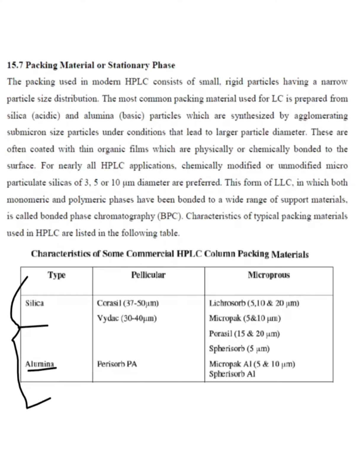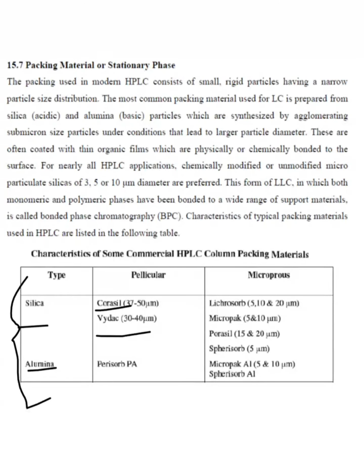In silica, there are different packing materials such as Corasil, which has a particle size of 37 to 50 micrometers, and Vydac, which has 30 to 40 micrometers. Pellicular is a porous outer shell on an impermeable particle.